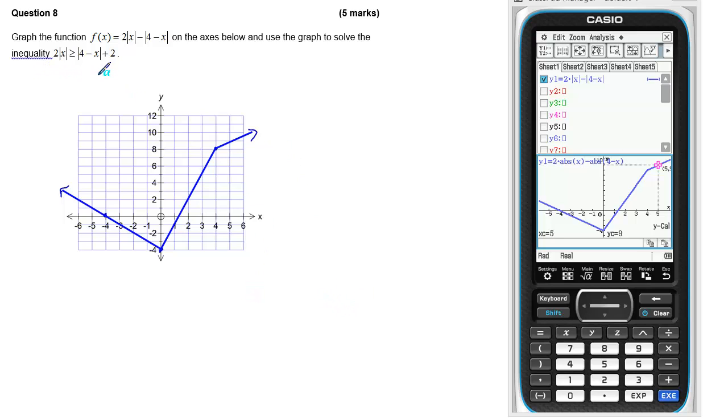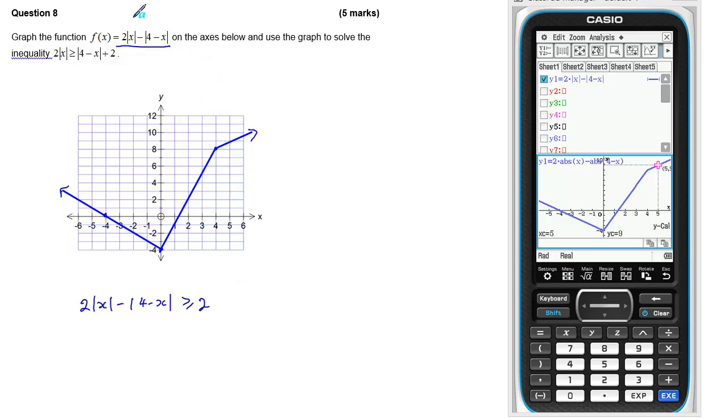Now, what about this inequality? Well, I can rearrange that easily enough to 2 mod x take away mod 4 minus x is greater than or equal to 2. And note the left hand side is this.